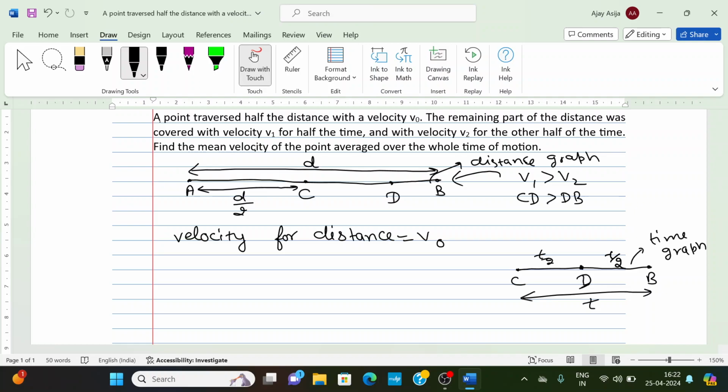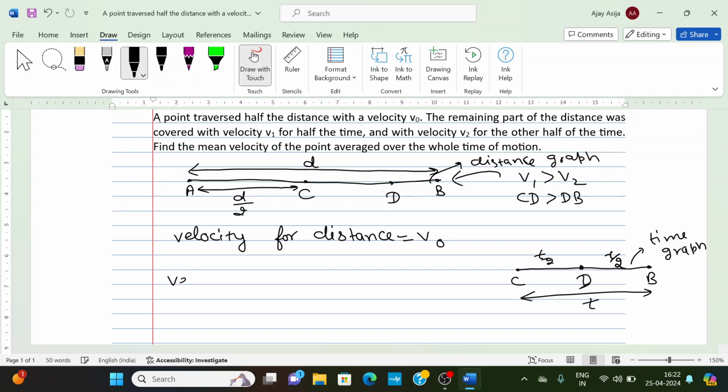Now, to find the mean velocity, we need the total distance and total time taken. The total distance we have is D, and the total time we can find in terms of D, v1, v2 and v0. For this, first we need the distances CD and DB.